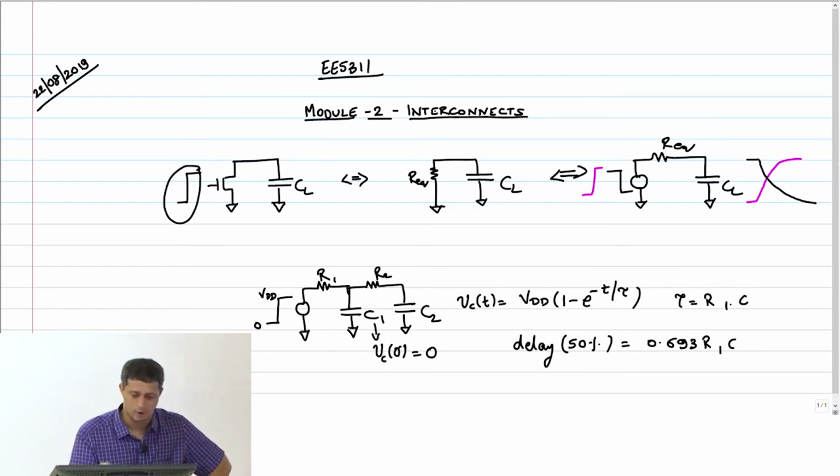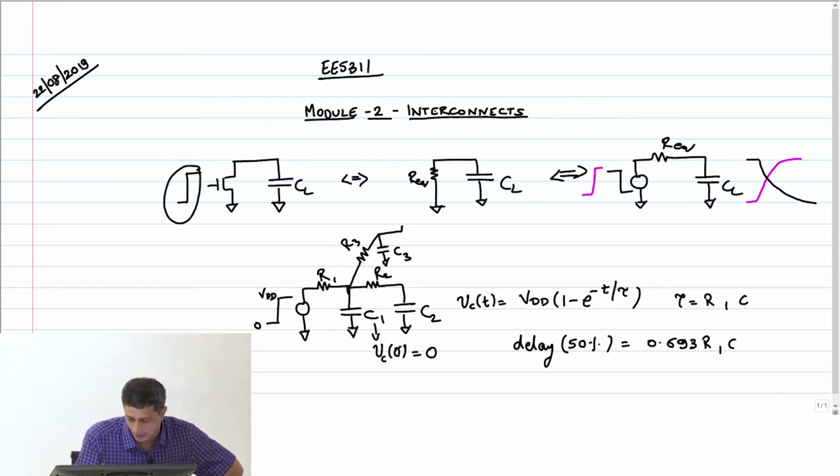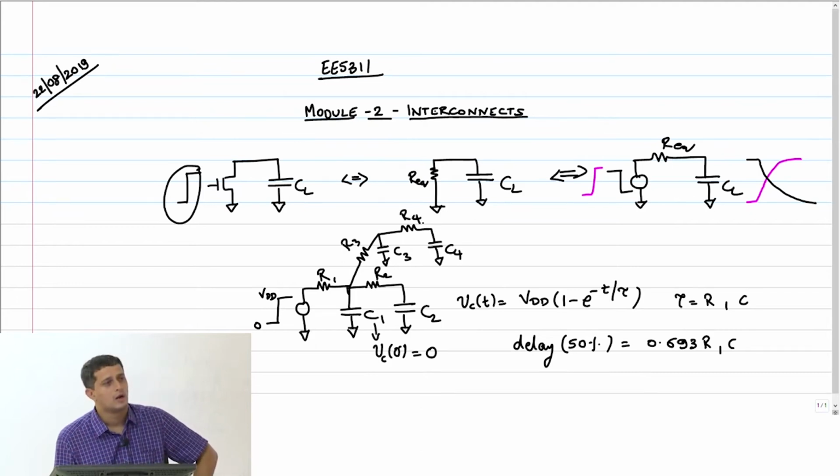The problem becomes even more interesting if I have another wing like this, where I have R3 and then C3. Then I can put one more, C4, R4. Now I could ask you, what is the delay from the input to any of the destination nodes?